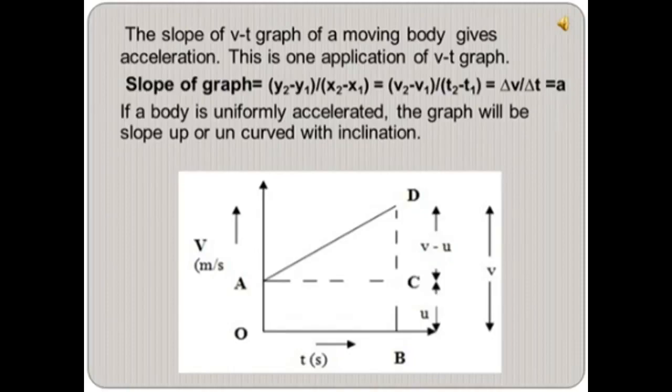Here the change in y coordinate values is the change in velocity, which is represented by DC, and the change in x coordinate values, which is the change in time, is represented by AC. Then slope is equal to DC divided by AC, which is equal to (v minus u) divided by (t minus 0). So acceleration a is equal to (v minus u) divided by t.